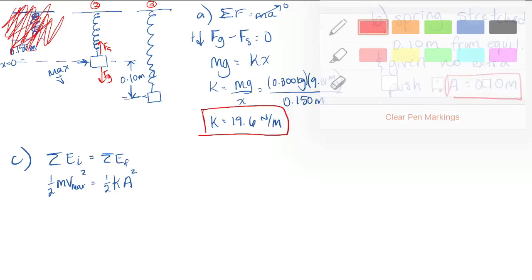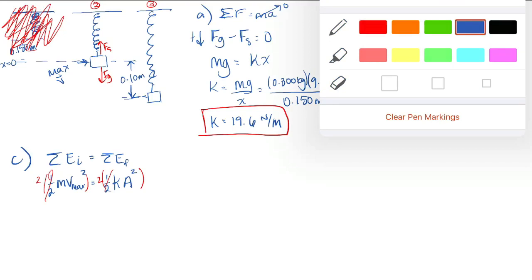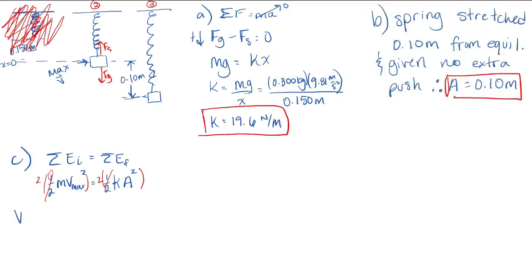What's going to happen here? We've got to solve for velocity. By the way, when you multiply both sides by 2 to get rid of this 1/2, 1/2 times 2 is just 1, so they technically cancel out. So we get a maximum velocity. Actually, instead of calling it Vmax, I'm going to call it V naught, just because it's shorter.